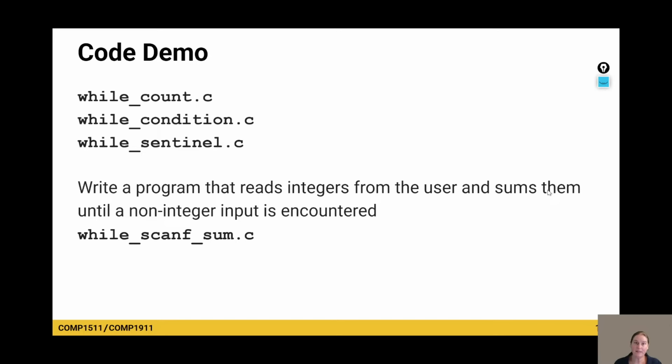Now that's a little bit like our kombucha one. It's reading in integers and summing them or totaling them. But we want to stop reading and totaling when we get a non-integer input. So that's a bit like the sentinel value. When the user types in something that's not an integer, we stop our loop.